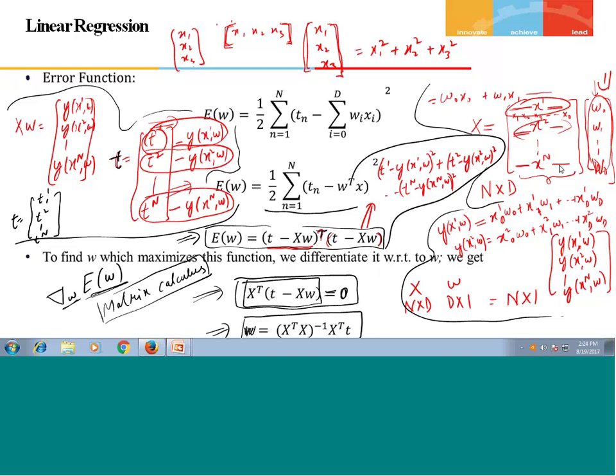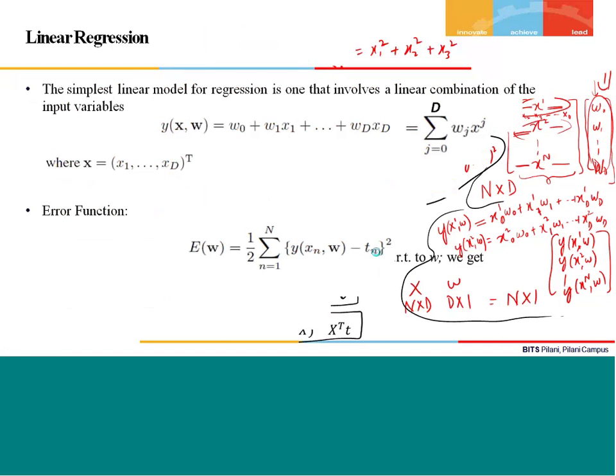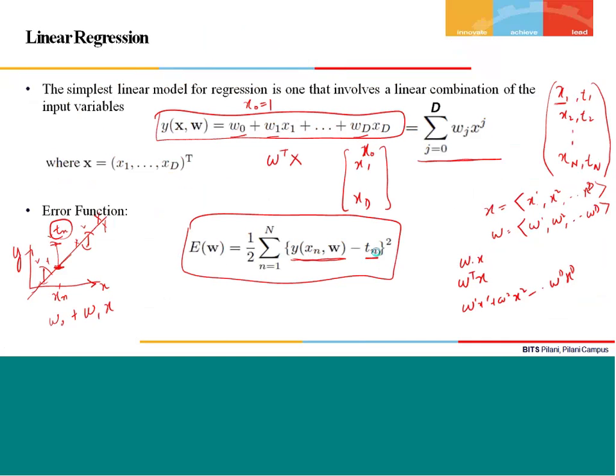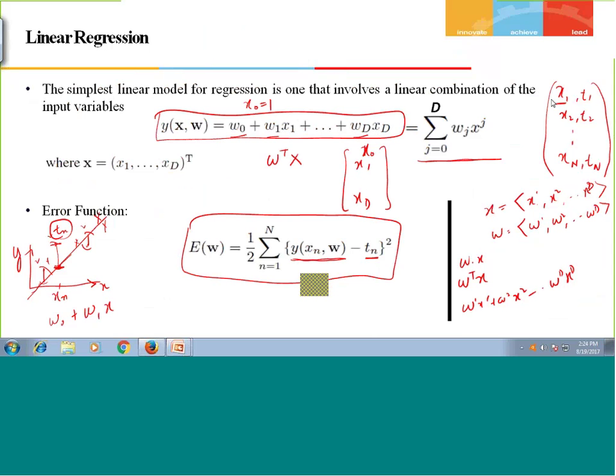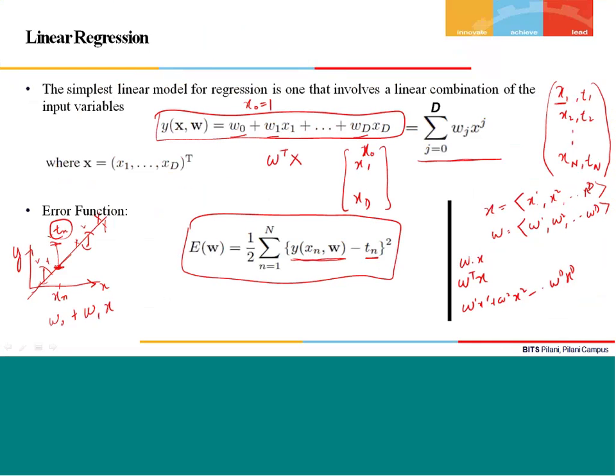If T is an input vector, then what is X? If you see carefully, your input data is in which form? This is your input data, right? This is X1. Corresponding to the input X1, there is a value T1.